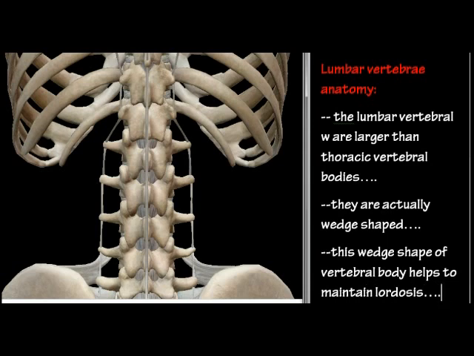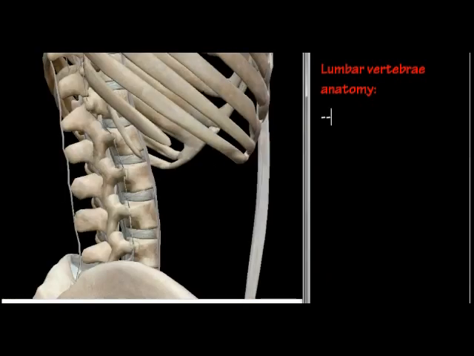Now let's go deep into the general characteristics of the lumbar vertebra. Spinous process. As we discussed before, spinous process are larger, thicker, and quadrangular.